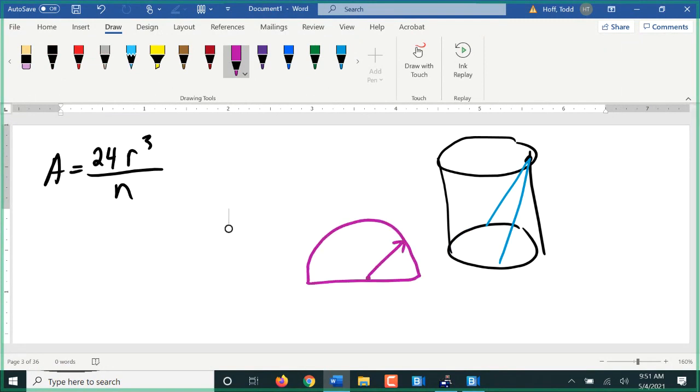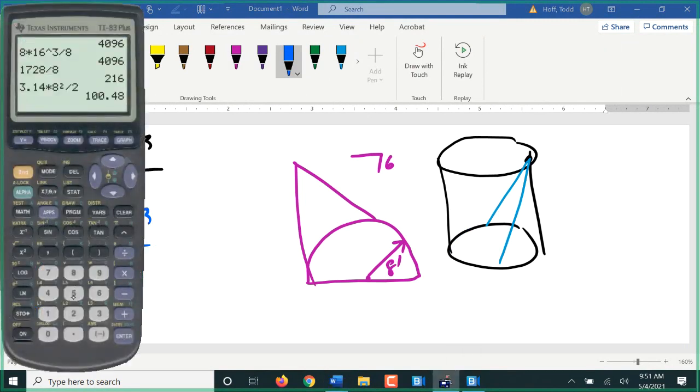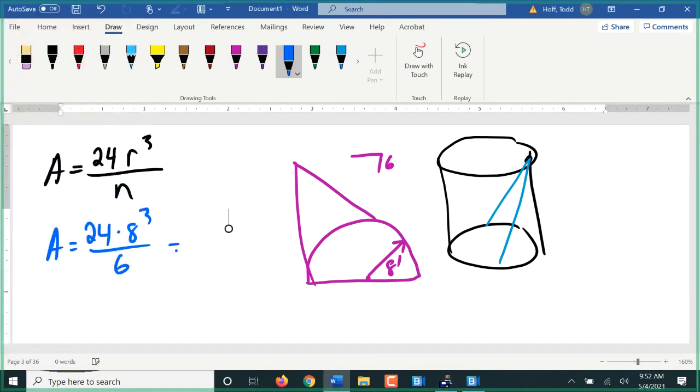So let's say I have a radius here of 8 feet, cutting into a roof that is a 6/12 slope. So this area here is 24 times that radius of 8 cubed over n of 6. 24 times 8 cubed divided by 6. We get 2,048 square feet of area.